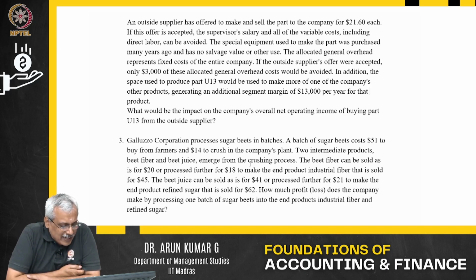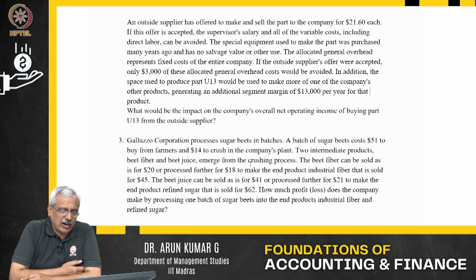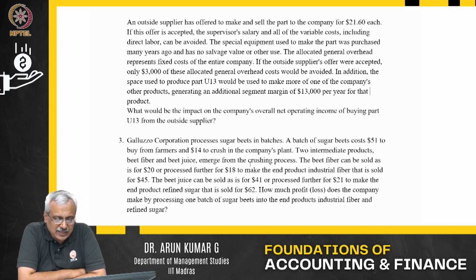So now in this particular case of problem number 3, let us look at Gelazo Corporation, which processes sugar beets in batches. A batch of sugar beets costs about $51 to buy from the farmers and $14 to crush in the company's plant. Two intermediate products, beet fiber and beet juice, emerge from the crushing process.